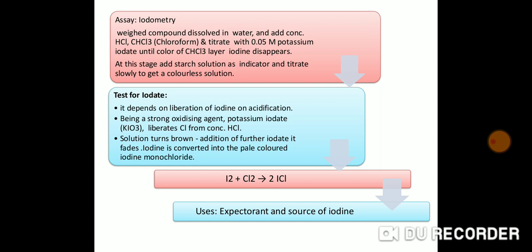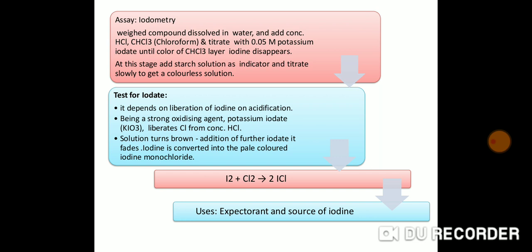Addition of further iodate fades the solution. Iodine is converted into pale colored iodine monochloride. So I2 plus Cl2, iodine plus chlorine, gives 2 molecules of iodine monochloride.